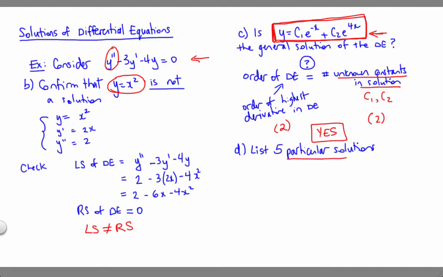And to create a particular solution, we're going to replace at least one unknown constant with a real number. So notice we say at least one. So we can replace both of the unknown constants, or we can replace just one of them with a real number. All right, let's go through and generate some particular solutions.